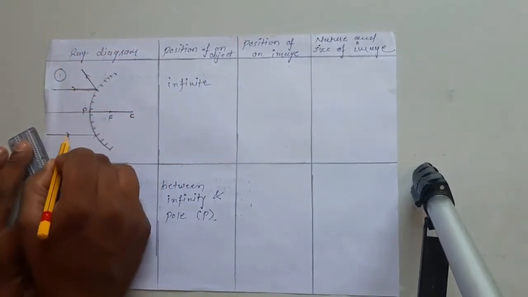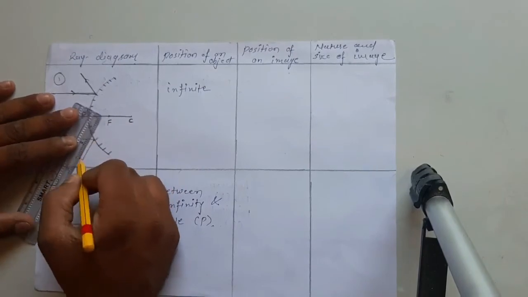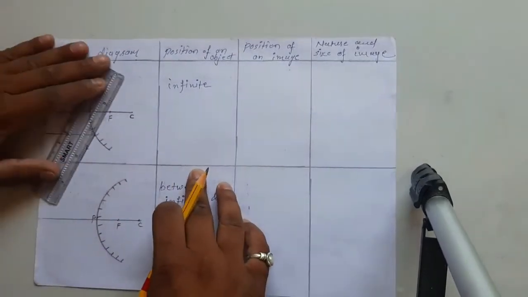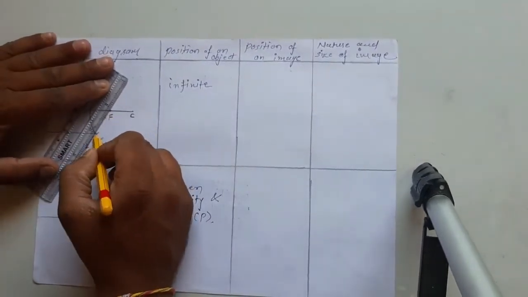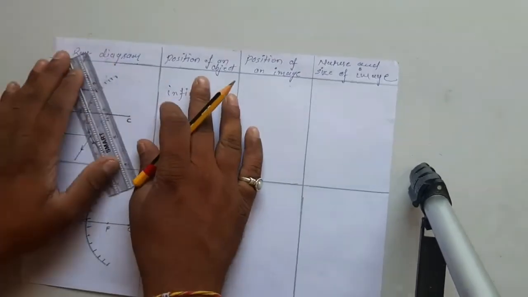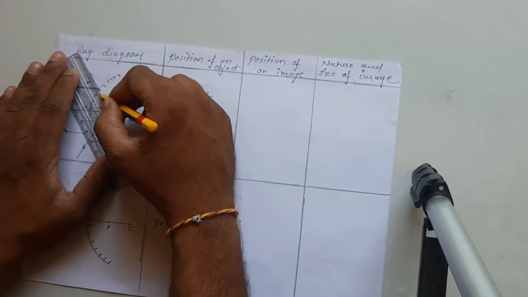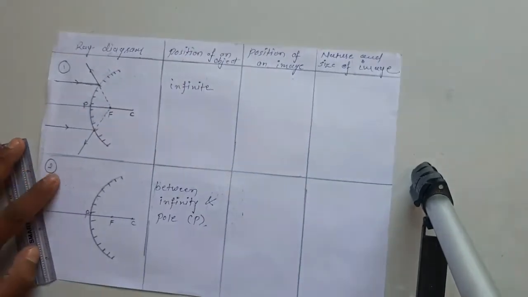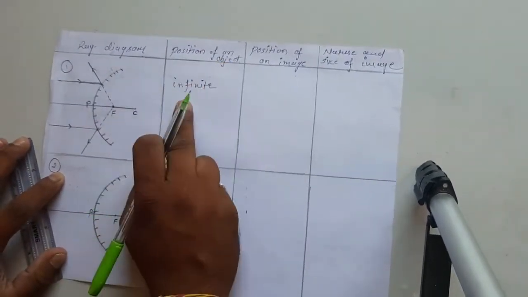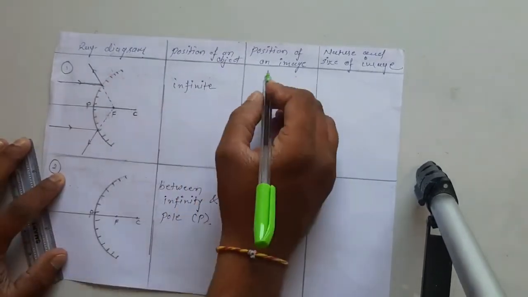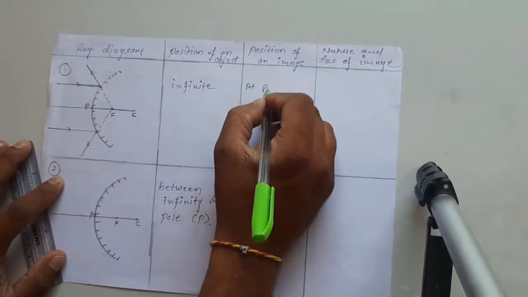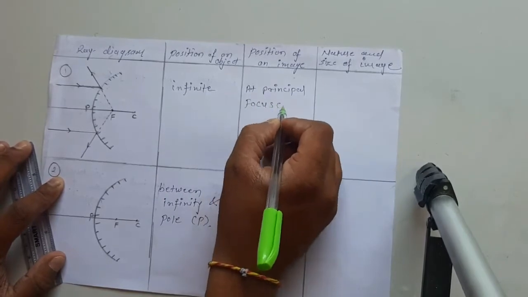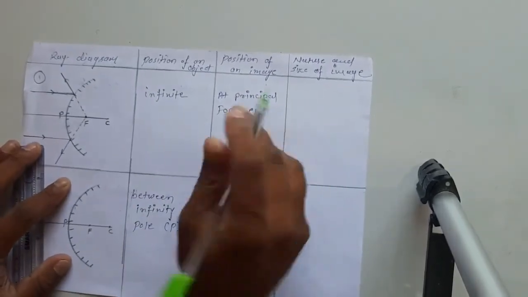Now how will we get the image? We have to extend these light rays in the backward direction. As we extend them backward, we will get the image on principal focus F.